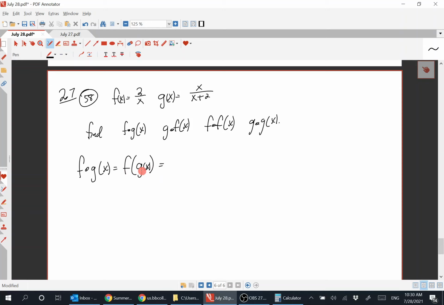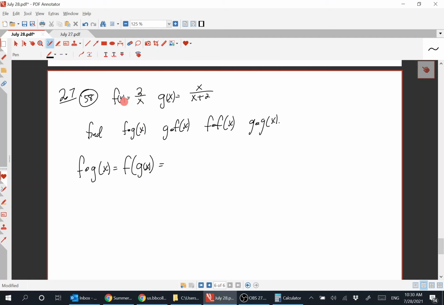Well, g is x over x plus 2. Right, so you can think of it that way, or like, what is f? f of x is 2 over x.